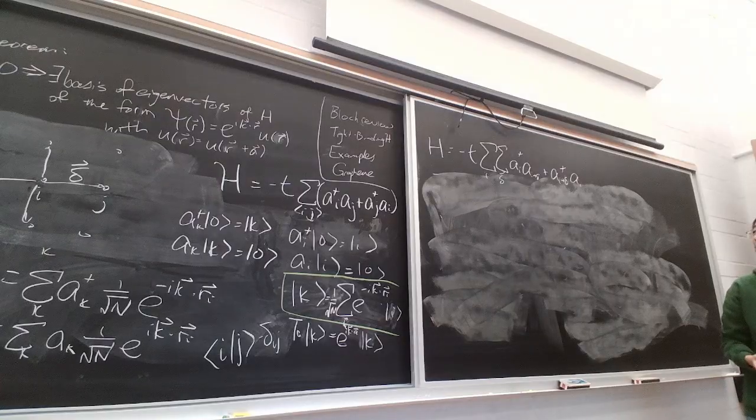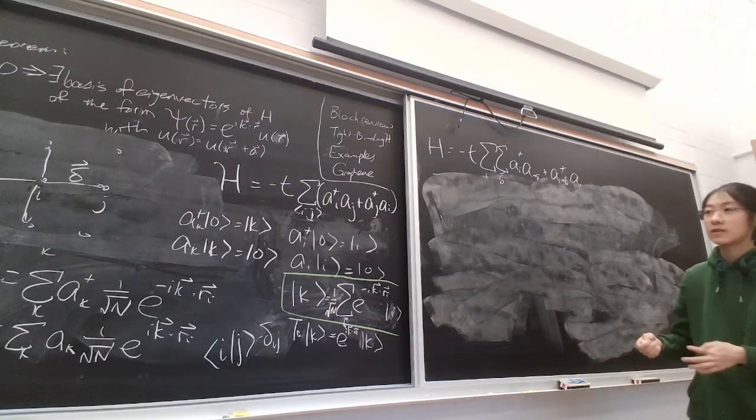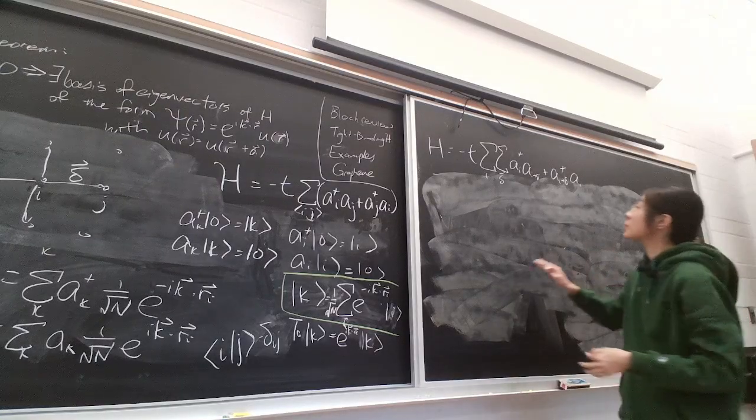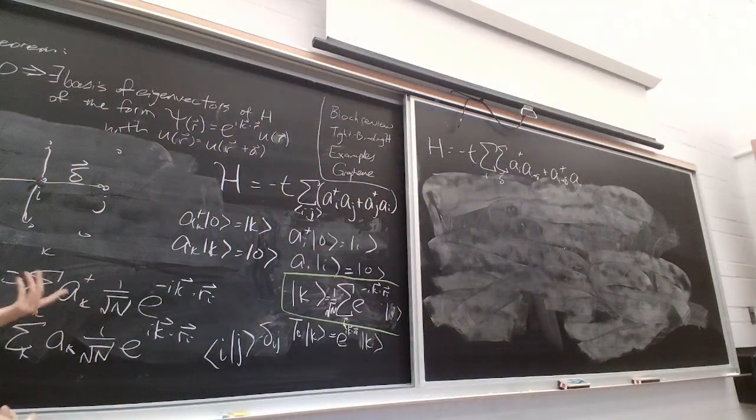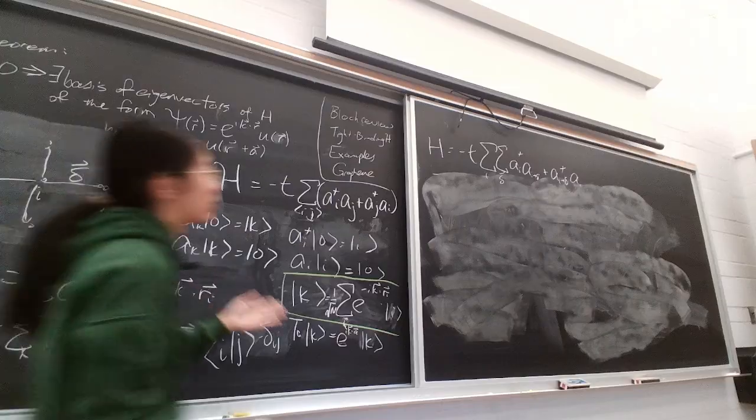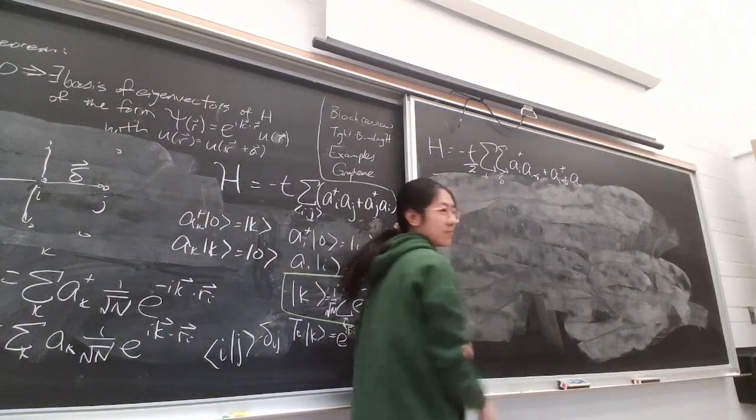Does this make sense? And then there's an overcounting factor between how you choose the sites I and J, so you divide this by 2.